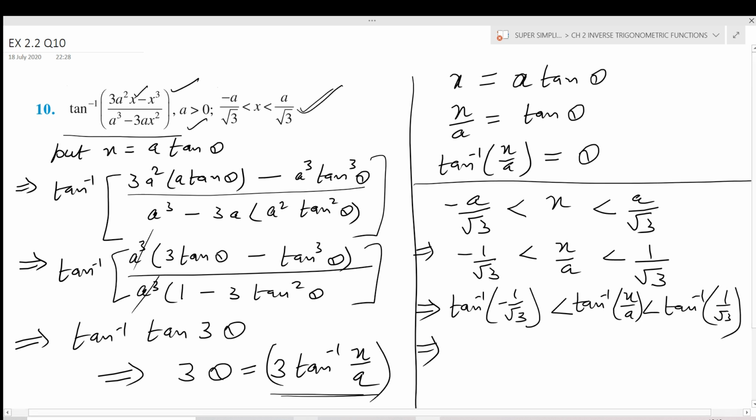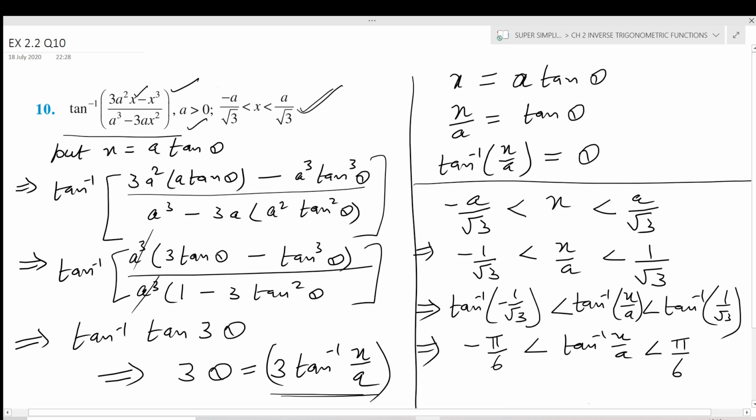Now tan inverse of minus 1 by root 3 is minus 30 degree, that is minus pi by 6, and this is tan inverse x by a, and this is plus 30 degree, that is plus pi by 6.